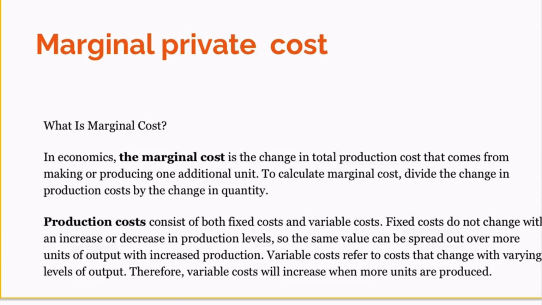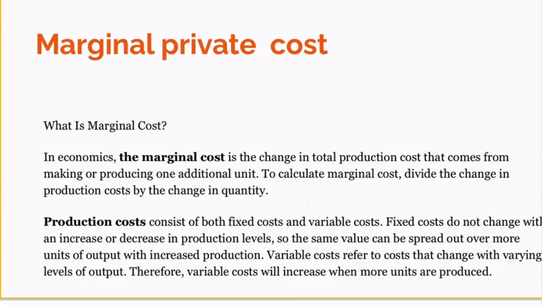And how do you calculate that? If you want to calculate the marginal cost, we need to divide the change in production cost by the change in the quantity. All right. So suppose there is a change in production cost from $100 to $110 when you are producing a quantity, let us say from the 50th to the 51st unit, right?